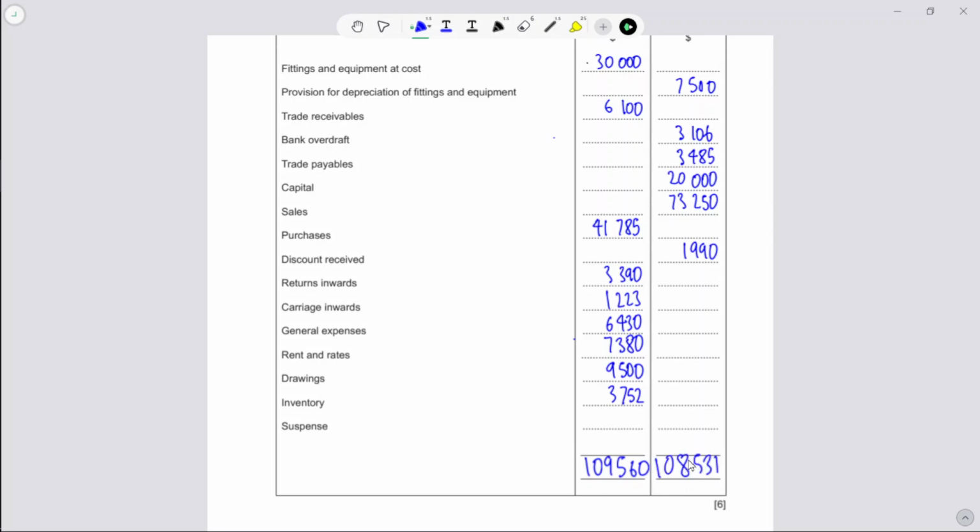So this one is lesser, so let's add something here. So this one minus this one, you get 1029. Then after, add 1029. So we'll get this amount.